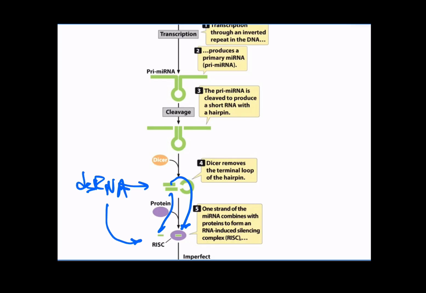And from that point onwards, that RISC complex loaded with that microRNA will patrol the cytoplasm looking for target mRNAs. And if it finds them, it will inhibit their translation. So this is a mechanism that acts after transcription of an mRNA and regulates the expression of the protein encoded in that mRNA, because that mRNA is there but cannot be translated.